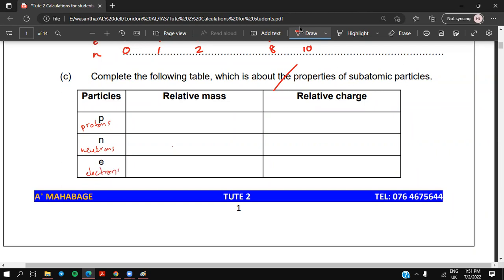Relative atomic mass of proton is 1 atomic mass unit. Neutrons, 1 atomic mass unit. Electrons, 1 over 1836 AMU. Relative charge of proton is +1. Neutrons, 0. Electrons, -1.